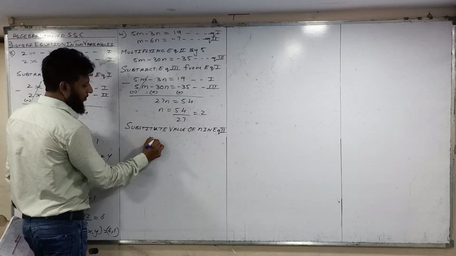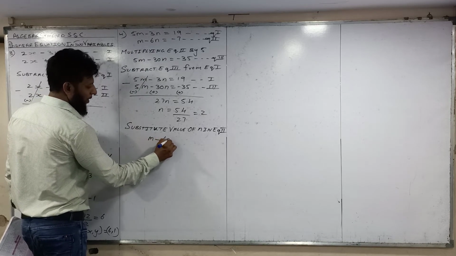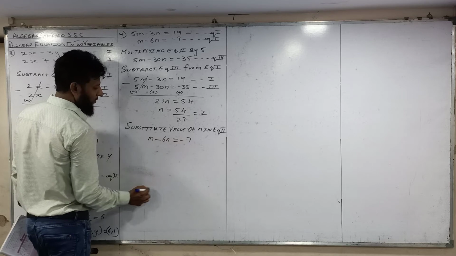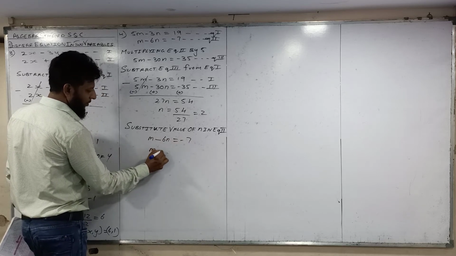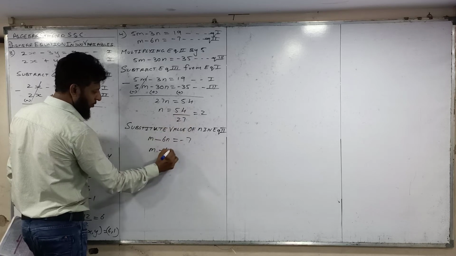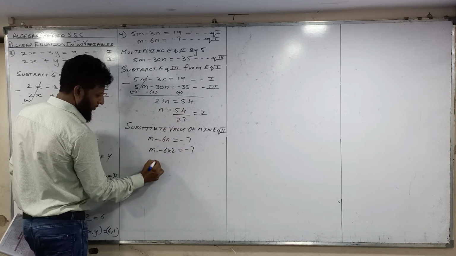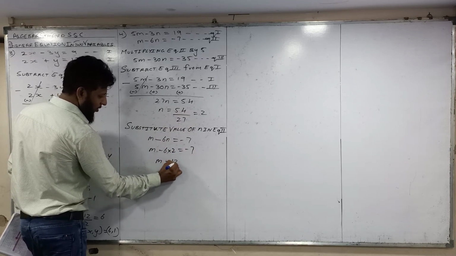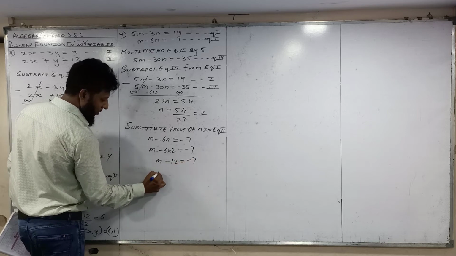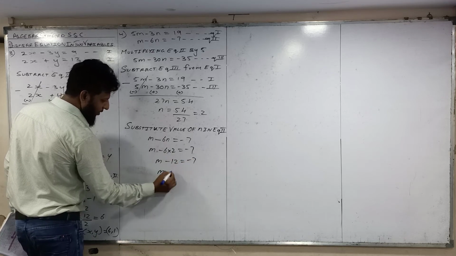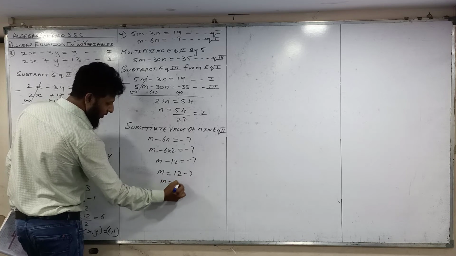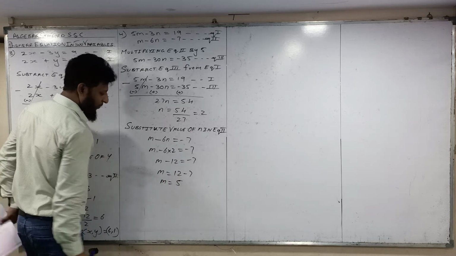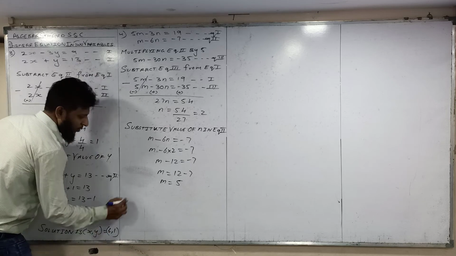So I am substituting in equation 2, m minus 6n is equal to minus 7. m as it is minus 6, n value is 2, minus 7. 6 twos are 12, so m minus 12 is equal to minus 7. Minus 12 will come here as plus 12, so m is equal to 12 minus 7, which is 5.